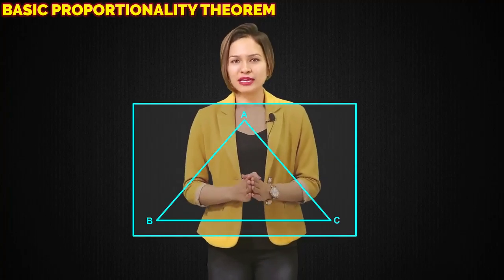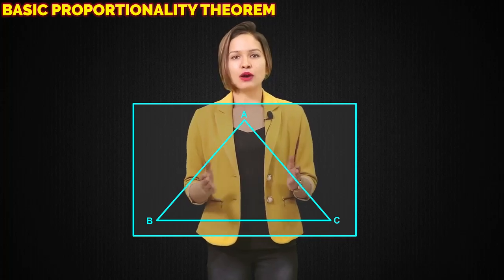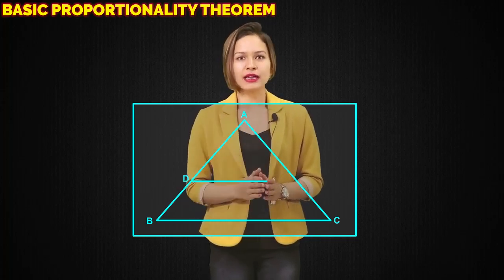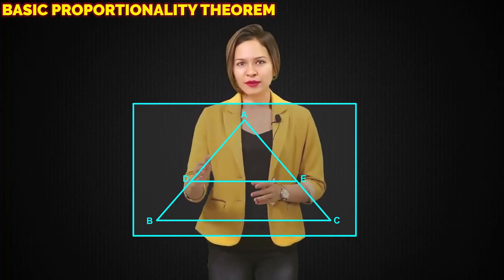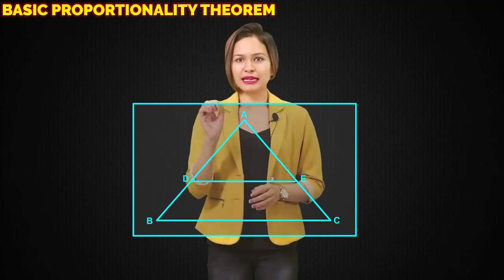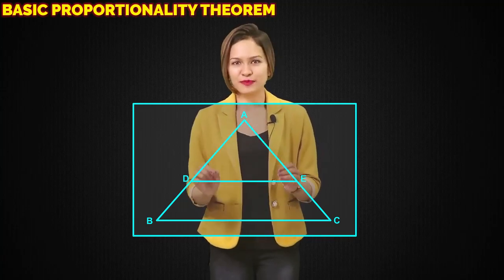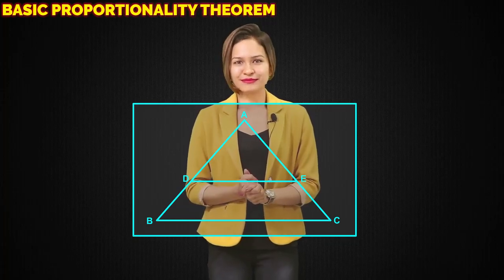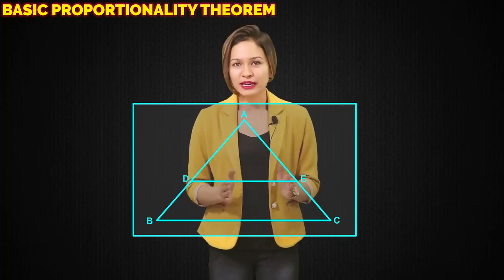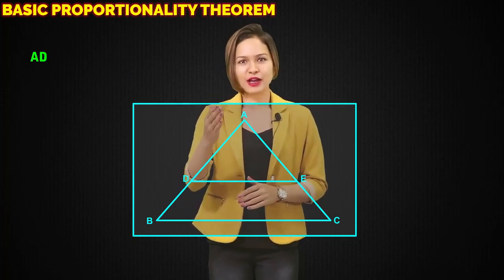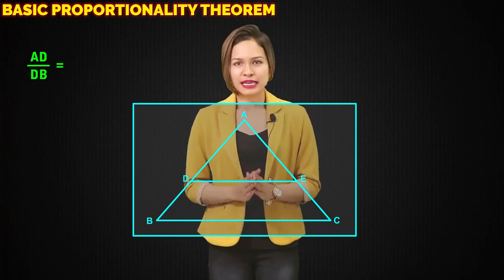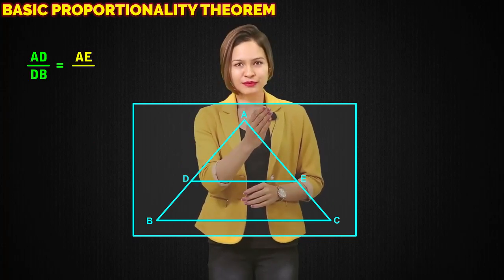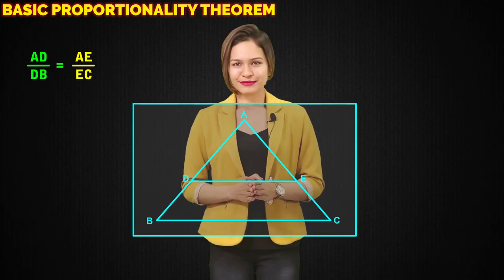Then, according to Basic Proportionality Theorem, we will draw a line DE intersecting sides AB and AC at D and E respectively. And what do we need to prove now? We need to prove that AD upon DB is equal to AE upon EC.